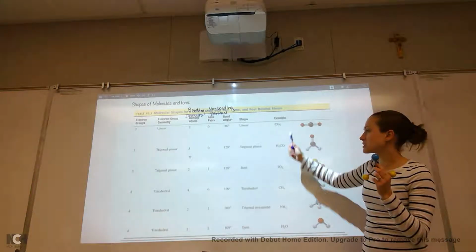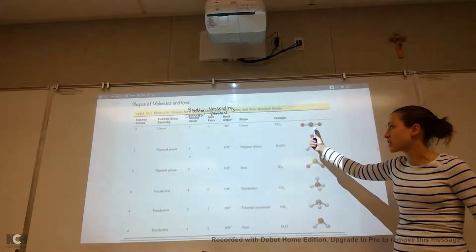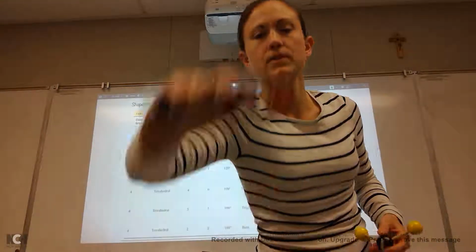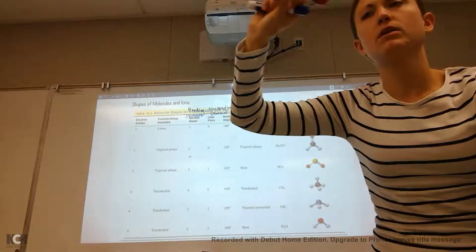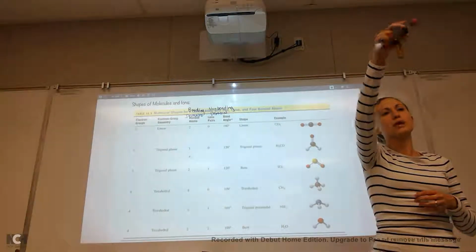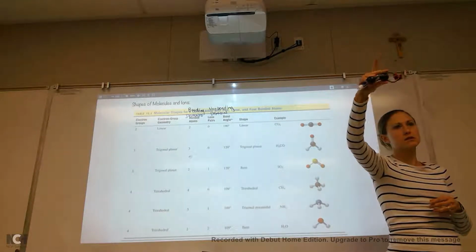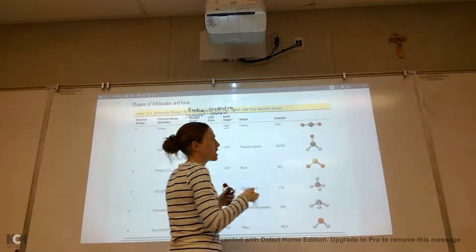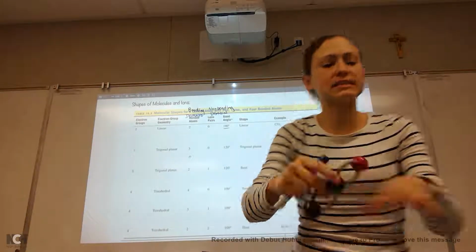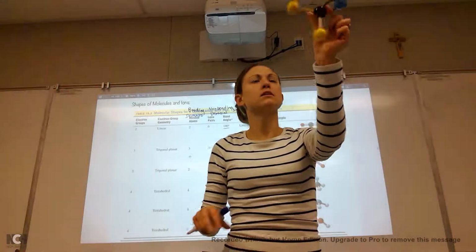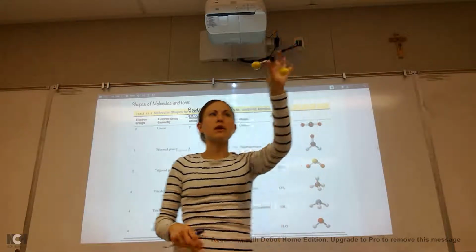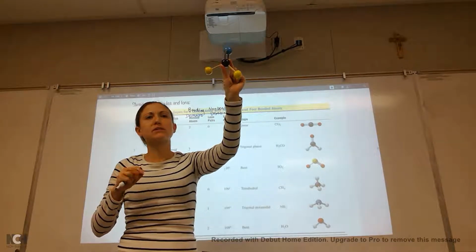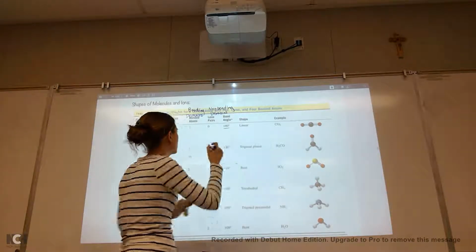Okay? So for these 2 different shapes, if it's linear, what angle is this going to be? 180. Okay? So this is 180. We got that. Awesome. If it looks exactly like this, what's the bond angle going to be? 120, because you got 3 different angles here. 360 divided by 3 is 120.